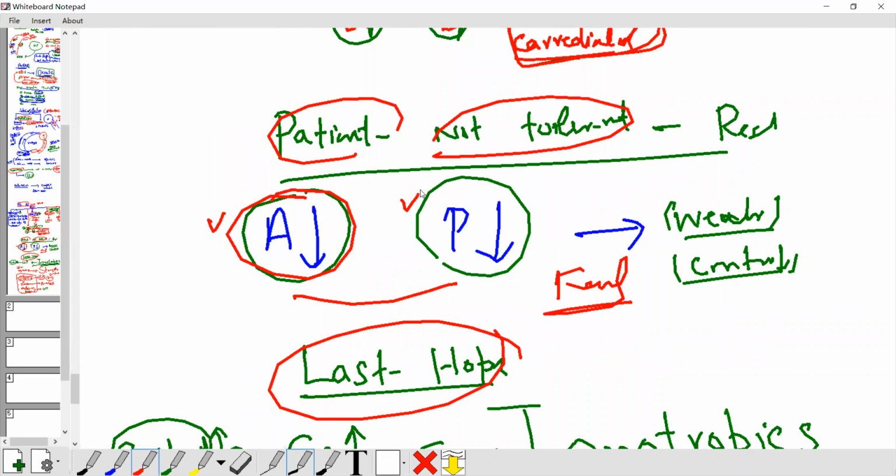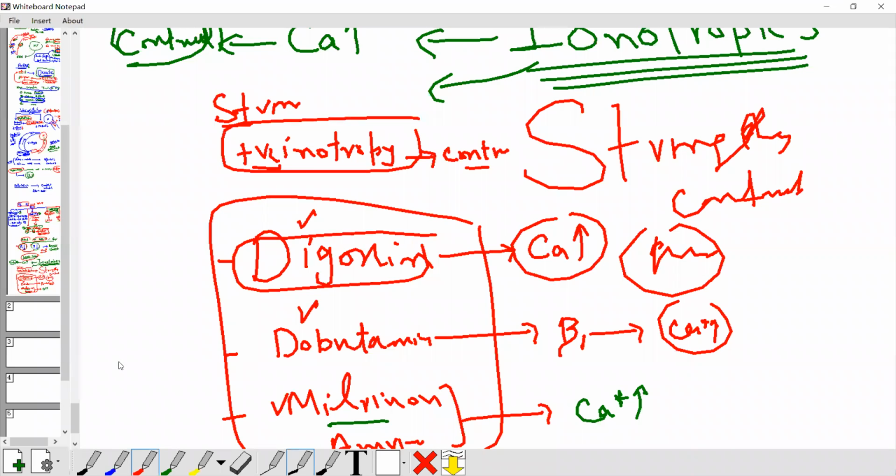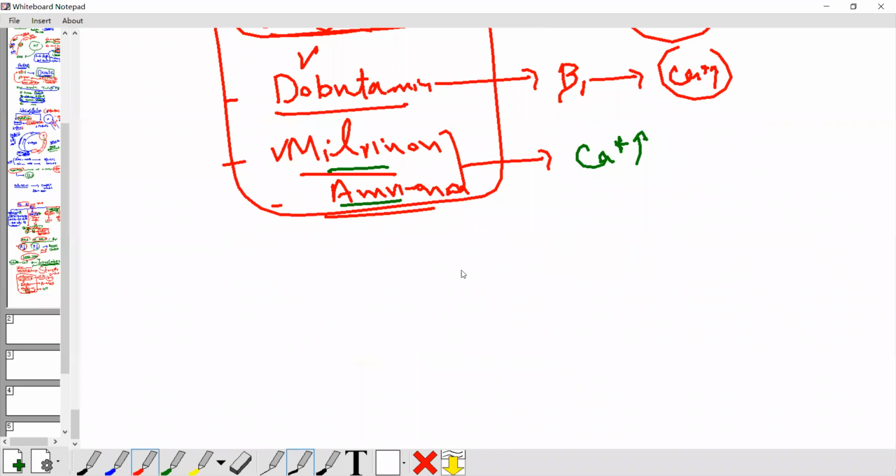Using diuretics, dilating the artery, dilating the vein, just to reduce the preload. When this therapy fails, at last you come for inotropes: digitalis, digoxin, clear? Dobutamine, milrinone, and amrinone. These drugs increase calcium inside.